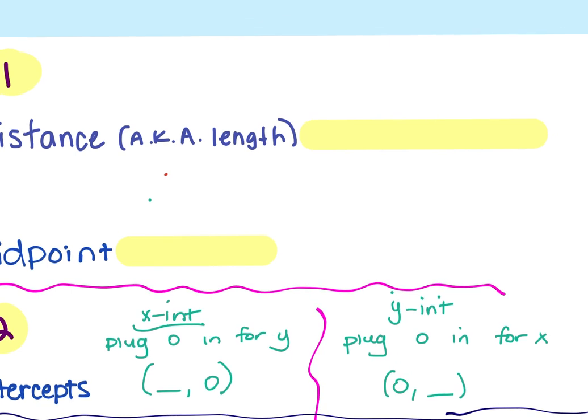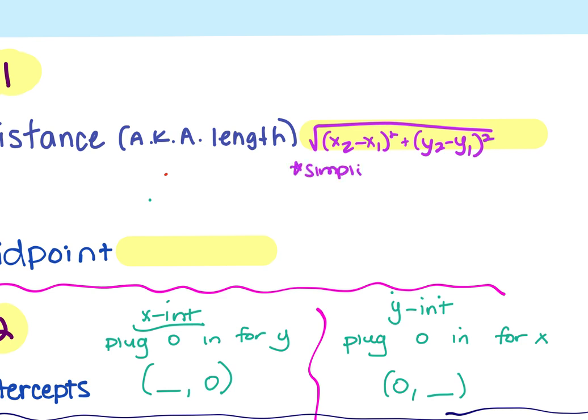The formula for distance is the square root of x2 minus x1 squared plus y2 minus y1 squared. It's got to be a simplified radical. So you won't approximate. If it said like square root 20, you would make it 2 root 5.